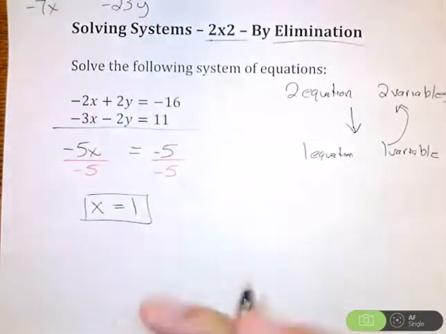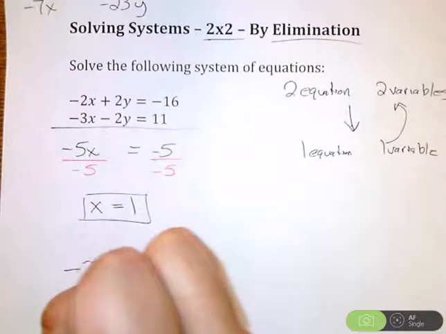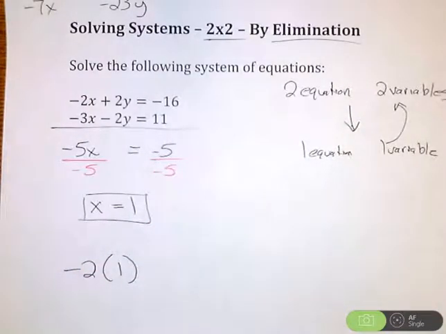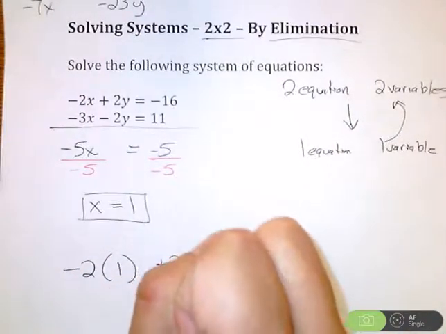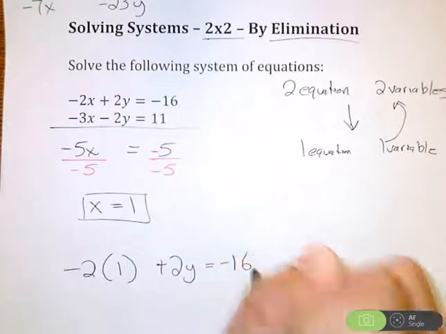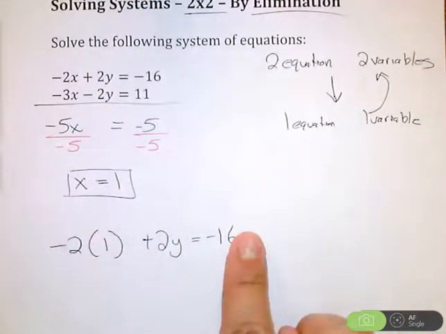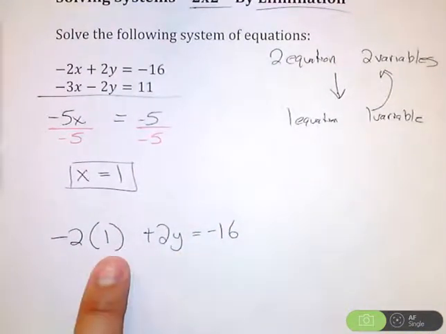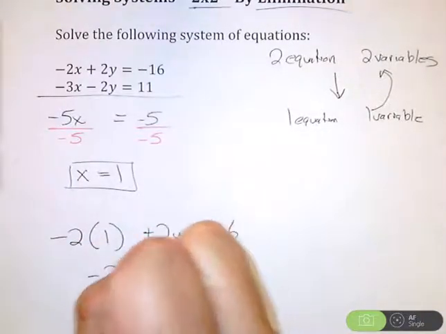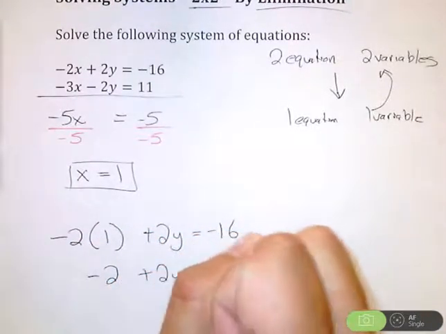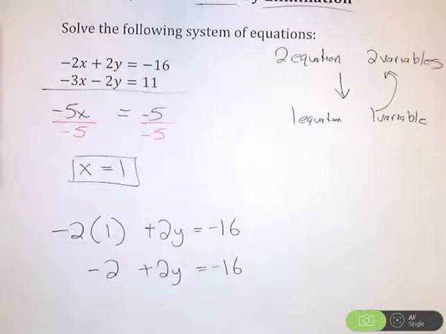So right here, I'm going to plug in a 1. I would have negative 2 times 1 instead of x, plus 2y equals negative 16. And all I have to do is solve this equation for y. Negative 2 times 1 is negative 2. Everything else stays the same.